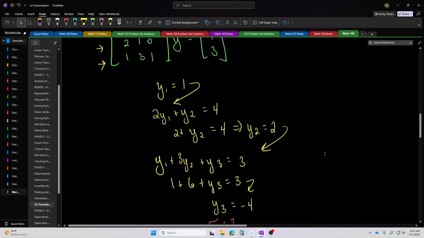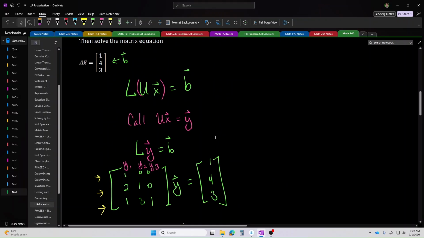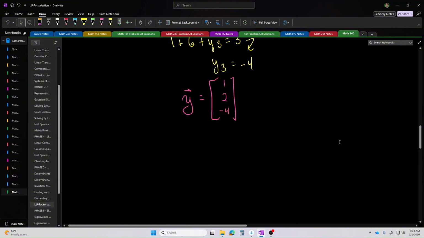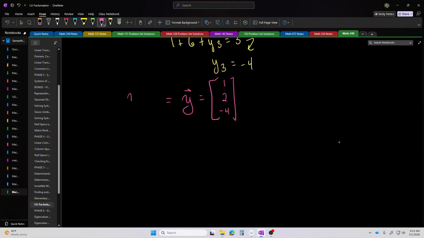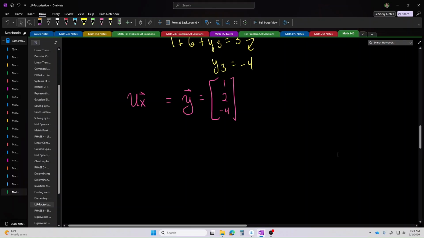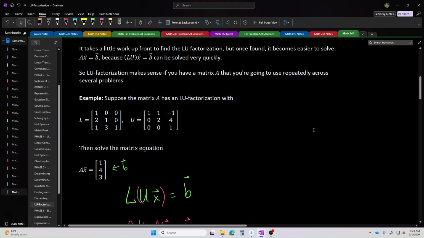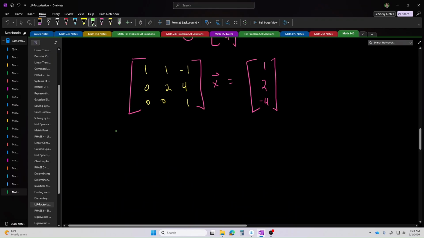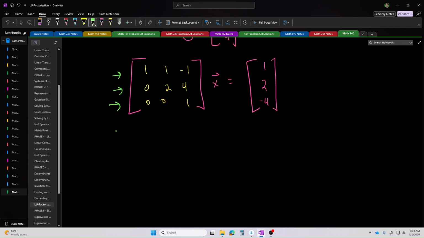Now I will remind myself that Ux was what I said was going to be equal to y. So I will go ahead and put back Ux in y's position. And I'll try and solve this equation for the vector x that I was looking for in my original matrix equation. Once again, because I'm dealing here with a triangular matrix, it has in some sense already been row reduced. So I can find the answers just by reading the rows and doing some substitution.